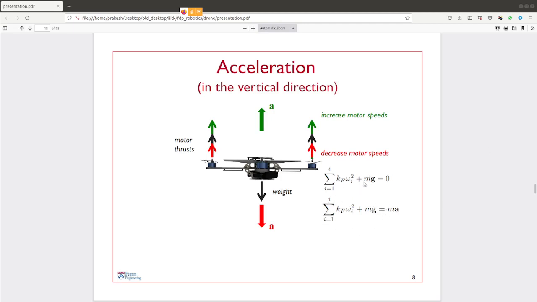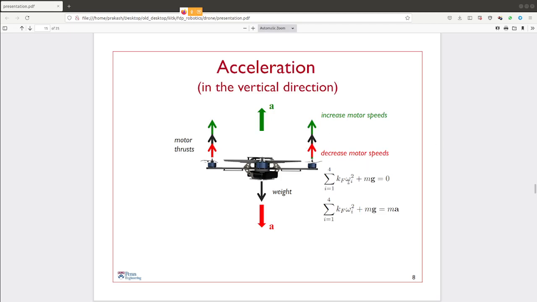So now tell me, say this drone is at a particular height. Now I want it to come down. What is the one thing I could control? Can anyone say what is the one thing I could control in the drone? The one thing I could control is the speed, the angular velocity.